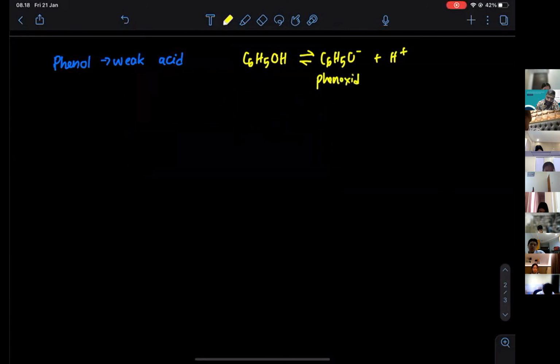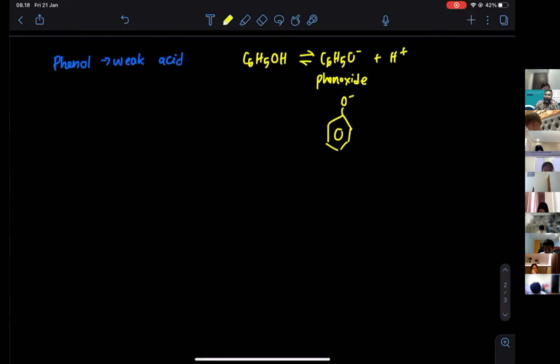Now, when you look at the benzene ring, this is O minus, and the lone pair of electrons is able to overlap with the benzene ring.